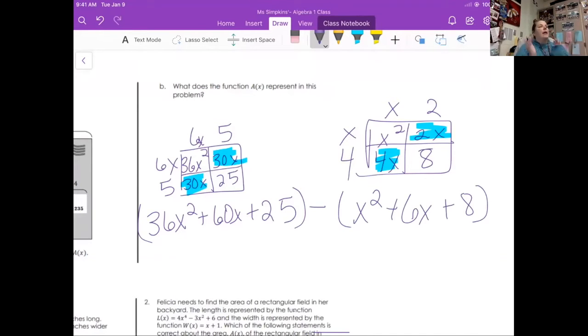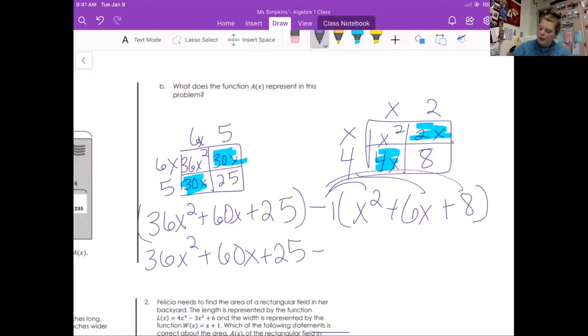So again, we have the area of the envelope and the area of the mailing label. So let's go ahead and subtract those two things. We want to distribute this -1. So that would give us -x squared minus 6x minus 8. And then the last thing that we can do here is combine like terms.